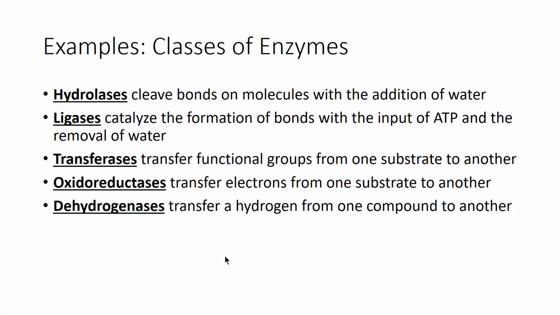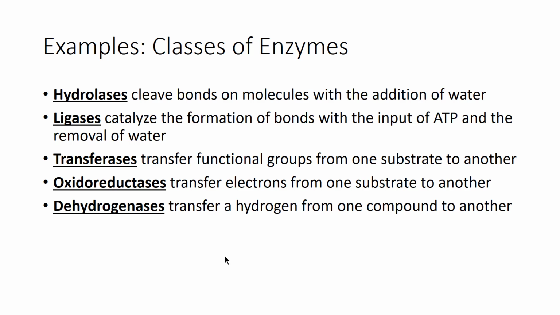Enzymes come in a variety of shapes and sizes. This list here gives you some of the broad classes of enzymes. So hydrolases, enzymes that break molecules with the addition of water. So hydro, water, lase is in reference to breaking or splitting. Ligases, the word ligate means to join together.